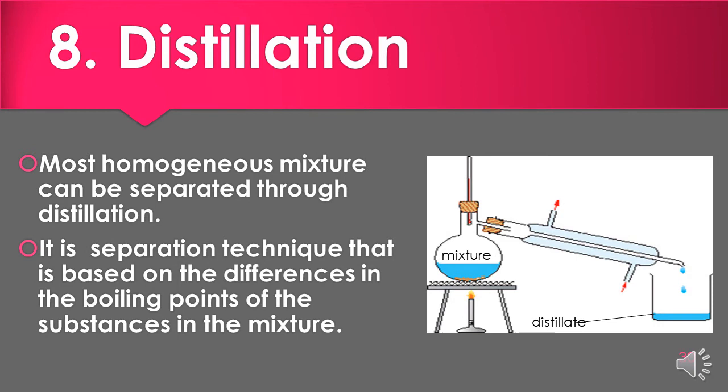And when it does, the vapor will pass through a condenser where it is cooled down so that it will return to its liquid state. So from vapor into liquid again, and then it will be collected as distillate. So that is the idea behind the process of distillation.